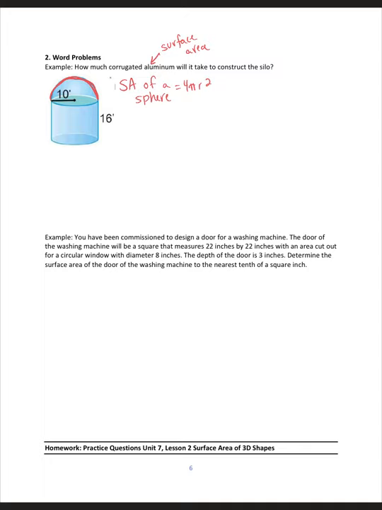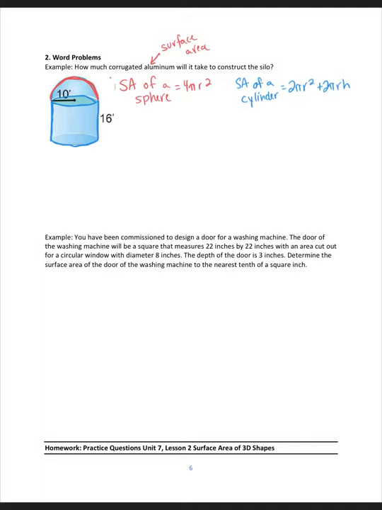All right, and then we're also going to need, I'll do a different color, the surface area of the other shape that makes up this silo, which is my cylinder here. So we're going to need to know that as well. So surface area of a cylinder, and we saw that on the previous part of the note, was 2 pi r squared plus 2 pi r h.